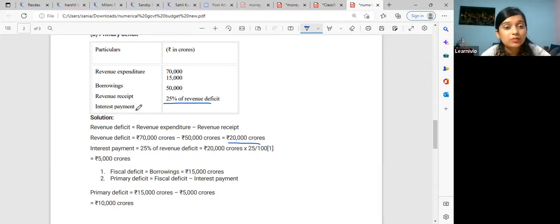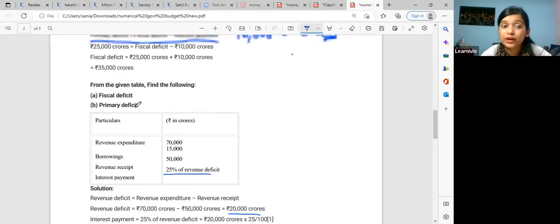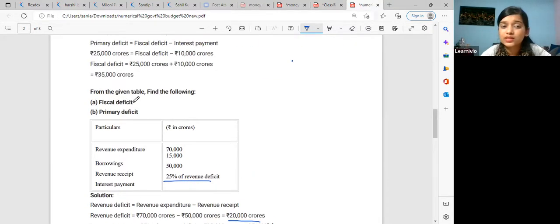Then you know the interest payment. Can anyone tell me why I did this, why revenue deficit? I have to find only these things, and in this formula there is no requirement of revenue deficit. But why am I doing this? Anyone?